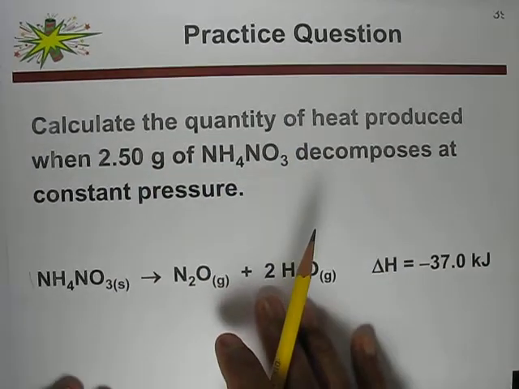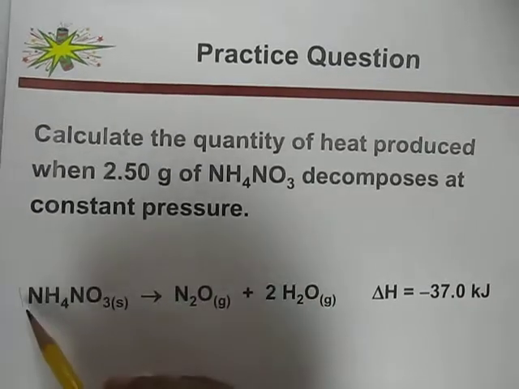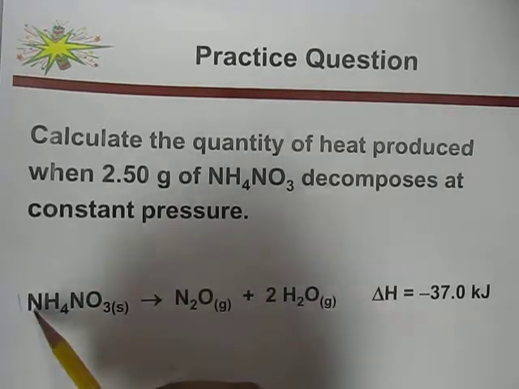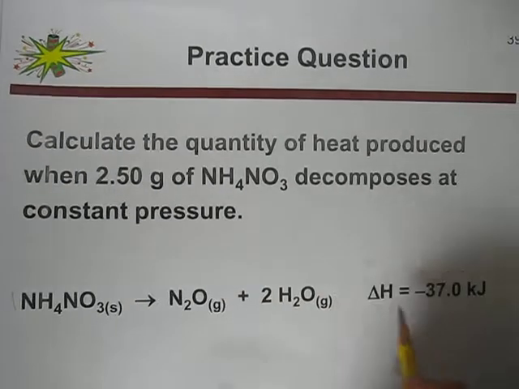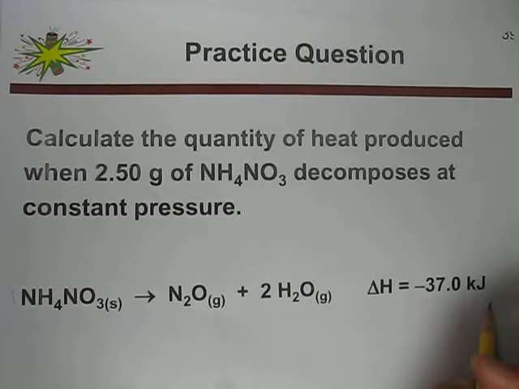So what we have to do: in this case, if this reaction has no coefficient written, it means the coefficient is 1. So this shows that when 1 mole of ammonium nitrate decomposes, it produces minus 37.1 kilojoule of energy.